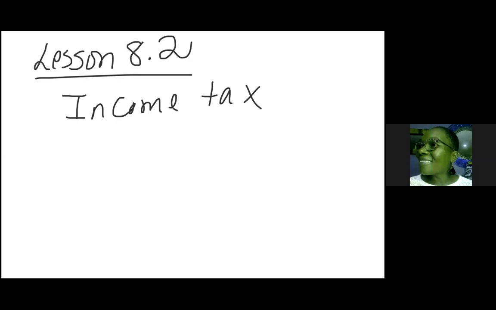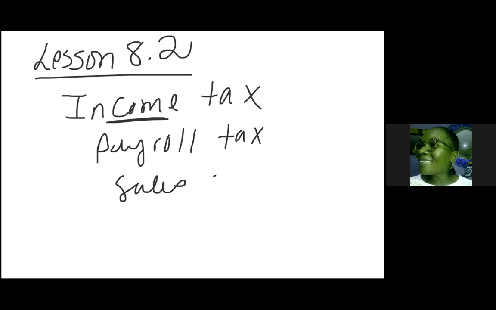Everybody has to pay taxes. What type of taxes do you pay? Obviously, you're going to pay income tax. You have payroll tax, which is where your income tax comes from. We talked about sales tax. Any other taxes? Any other taxes, guys?